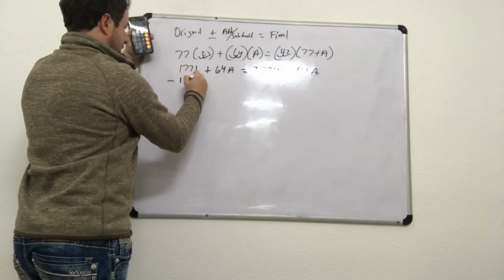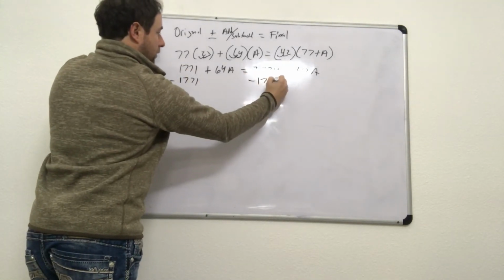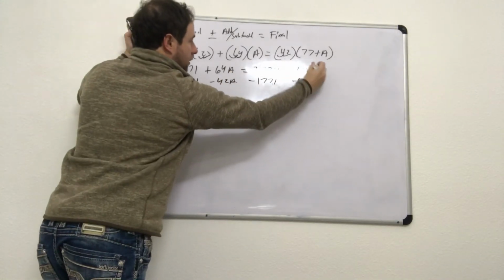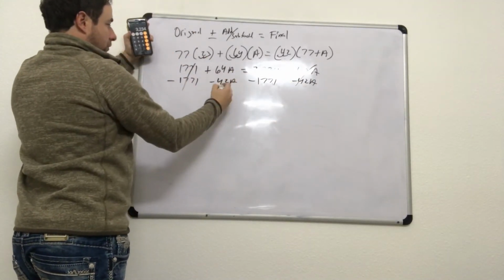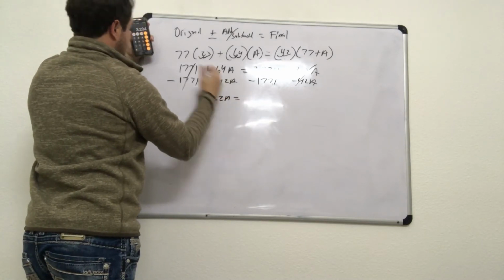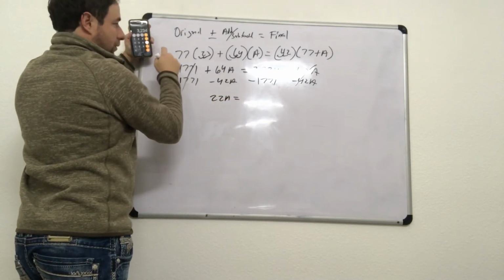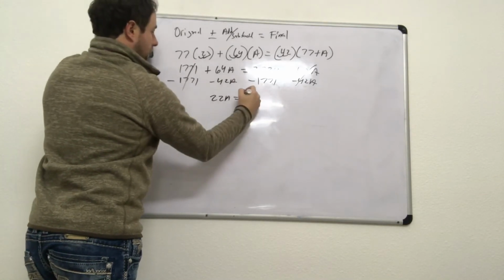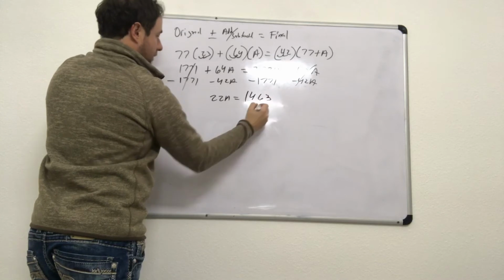Bring the 1771 to here and the negative 42A to here. When you do that, you end up with 22A equals 3234 minus 1771. You get 1463.